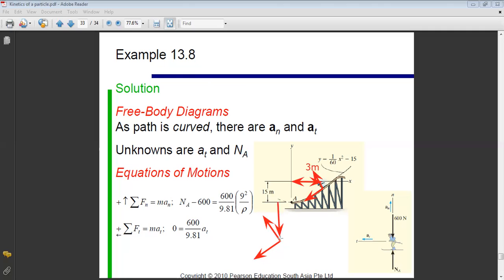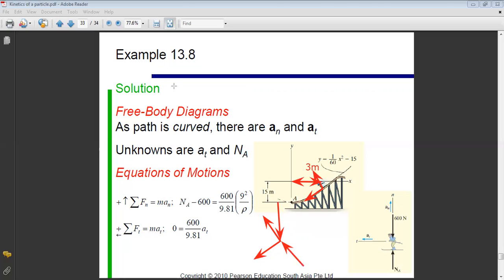The weight is always vertical, but the normal reaction is perpendicular to contact. Since the contact line is along ut, n is perpendicular to ut, so it's along un.